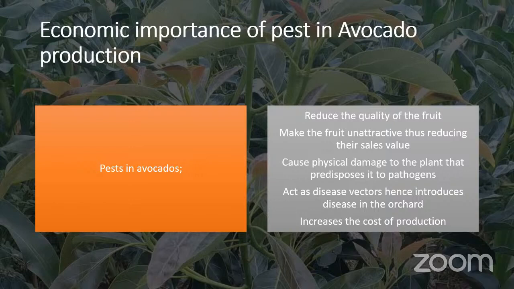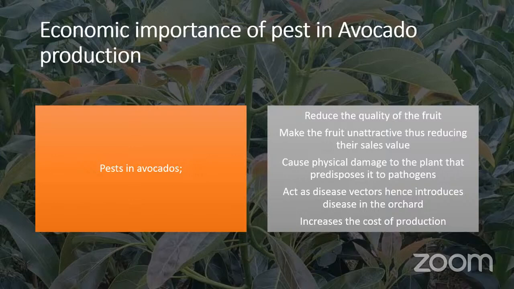Then the other economic importance of pests is that it acts as a disease vector, hence introduces disease in the orchard. As it is eating the plant parts, some of the plants which the pest will attack will already be infected with the disease.